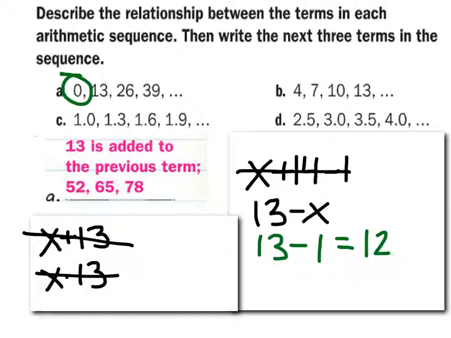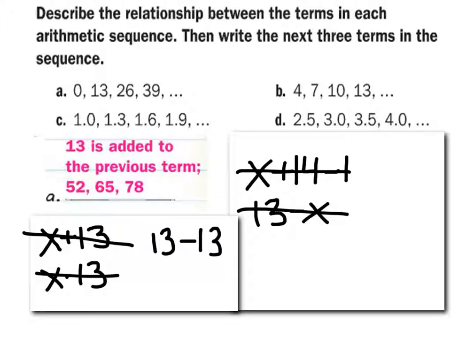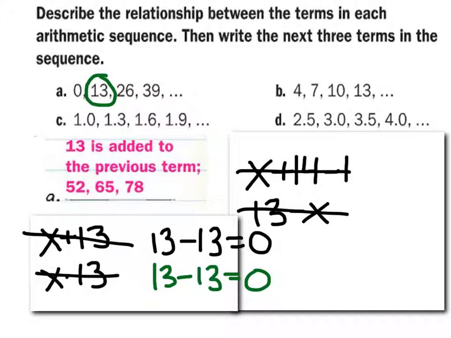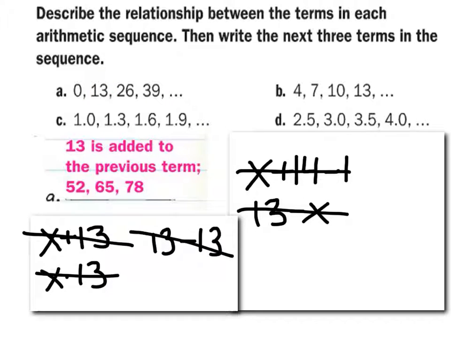It's 12. All right, so this is what we got here in this one. 13 minus 13 is 0 for position 1, right? What about position 2? Well, that's going to give you 13 minus 13, which is 0. What do you got? 13 minus 13 times x.